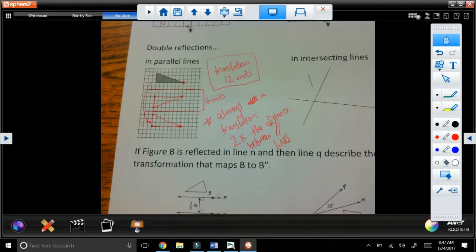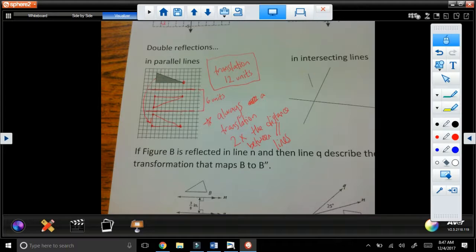And that works when you have parallel lines. It's always going to be a translation twice the distance between them. So if it would have been like 10 units between them, you could just say it's going to be a translation 20 units. You don't actually have to graph it out to be able to tell that.